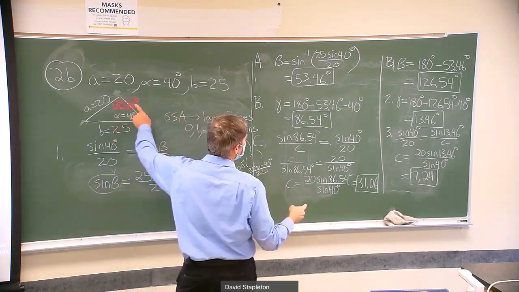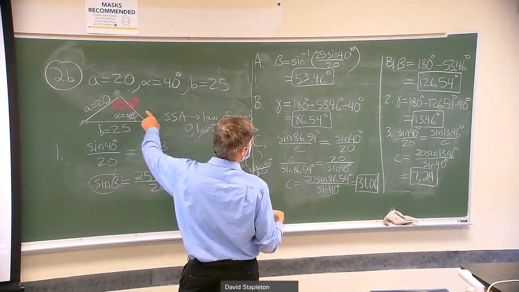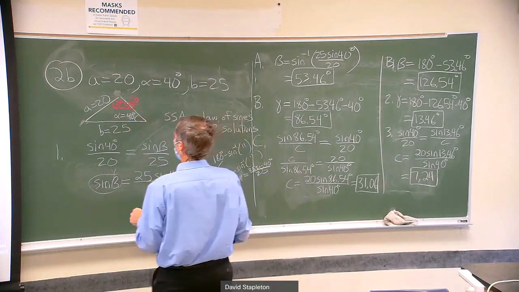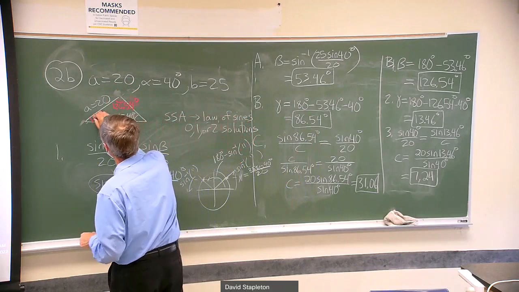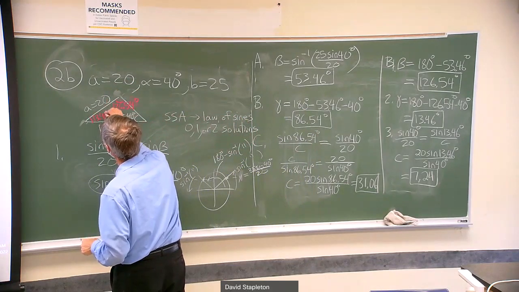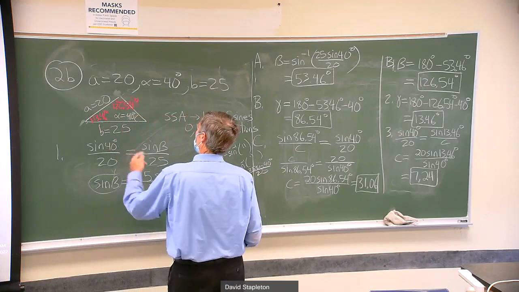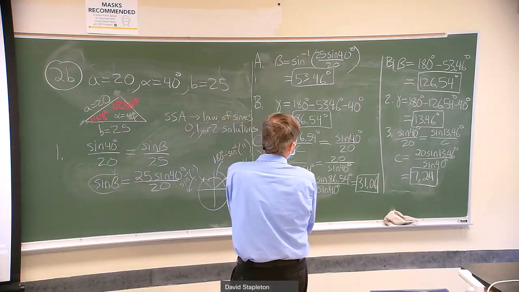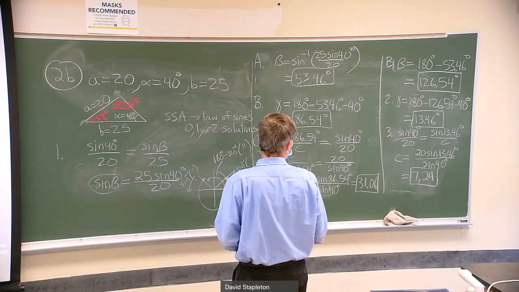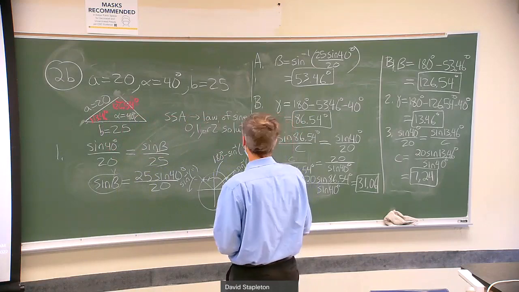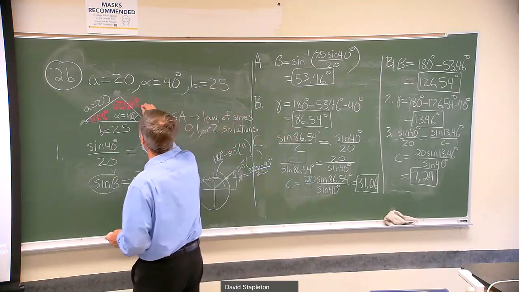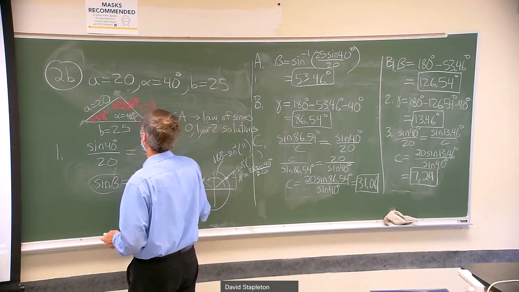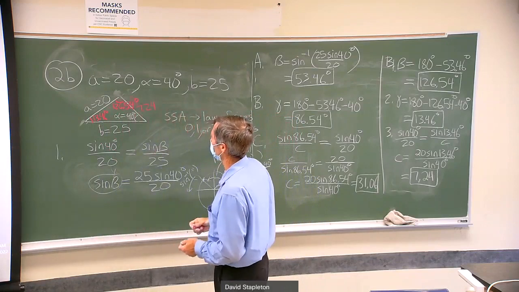And then 13.46 for gamma. That's over here. That looks a lot bigger than 13.46, but it may be my drawing's kind of poor in this case. And then C has to be 7.24. All right, so there's one possibility, and you just go through and check it.